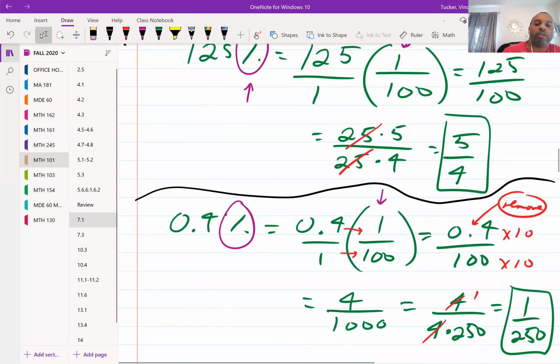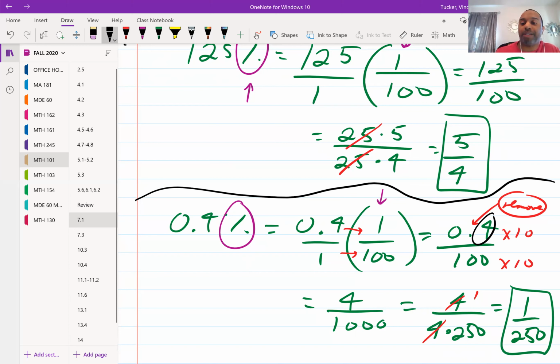So here we have 0.4%. So once again, we're going to take that percent, substitute in 1 over 100. But then we have a decimal that's in the fraction, and your fraction is never considered actually in fractional form if you still have a decimal involved. So you do need to get rid of the decimal. And we would do so by multiplying top and bottom by 10.